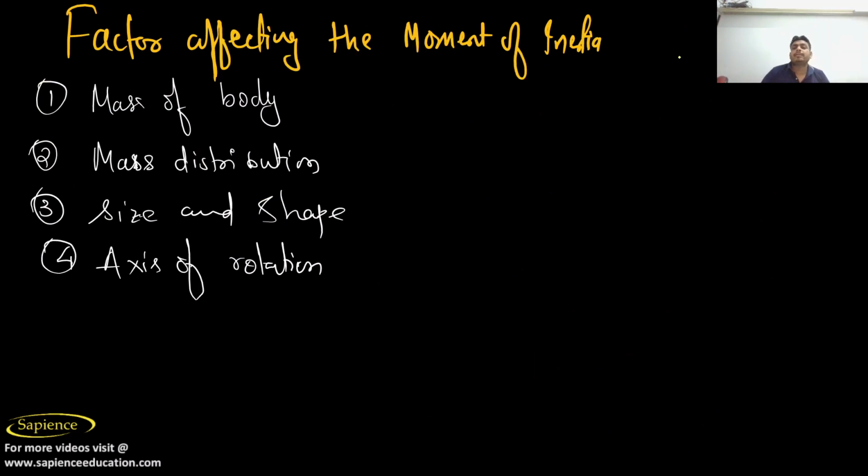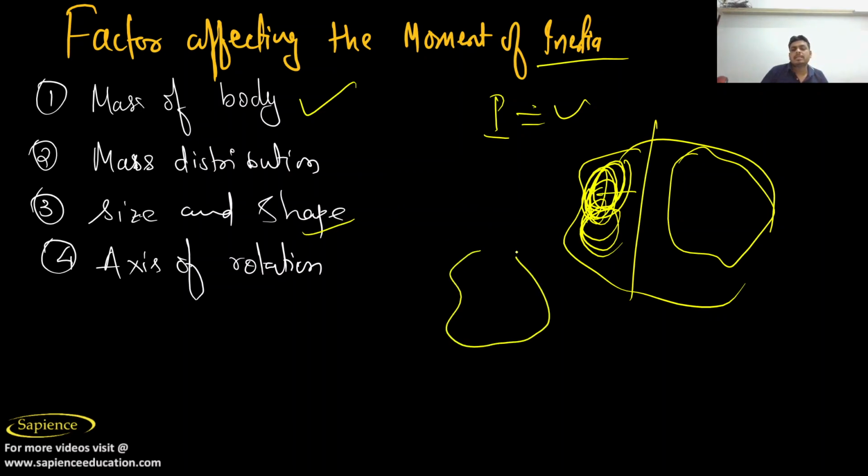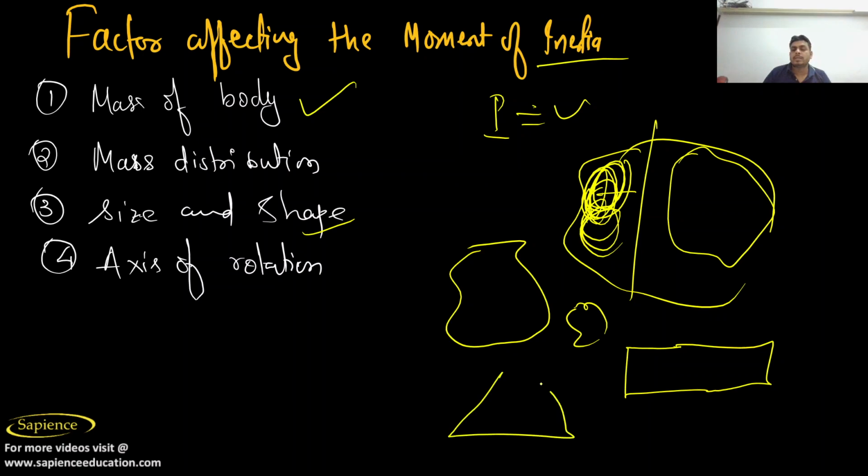Now, what are the factors affecting the moment of inertia? How can I be changed? If the mass of the body changes, I will change. If the mass distribution pattern changes, for example, here we have more mass and here less mass, it will affect the inertia, and it will shift toward this side. Size and shape are also very important. It is not that only mass is required. This shape has a different moment of inertia, and that shape has a different moment of inertia.